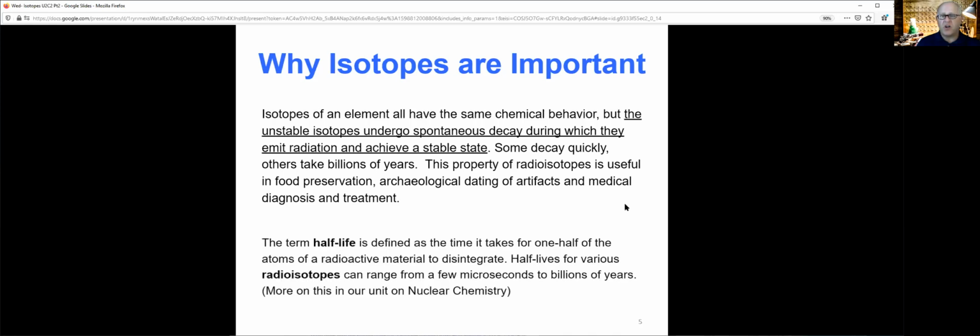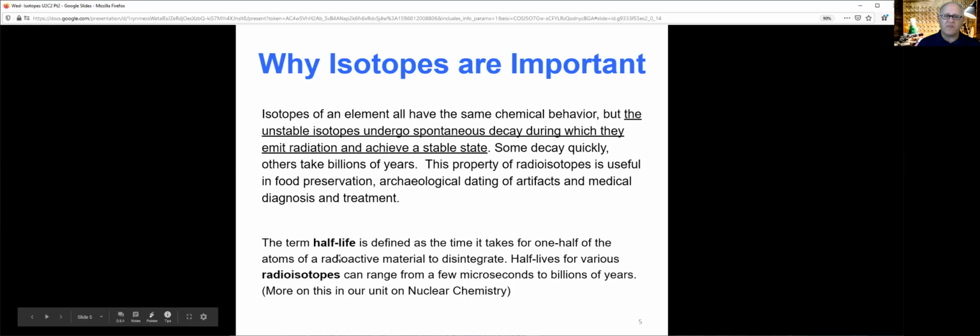Now, because these isotopes are decaying, meaning that they are resolving back to a stable element, they have what's known as a half-life. That's how long it takes for the radioactive material to disintegrate.